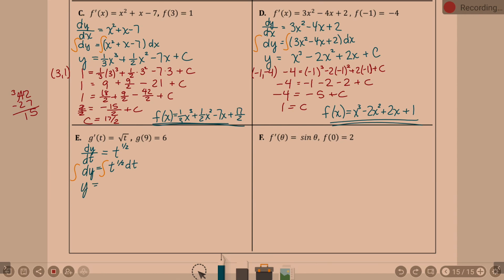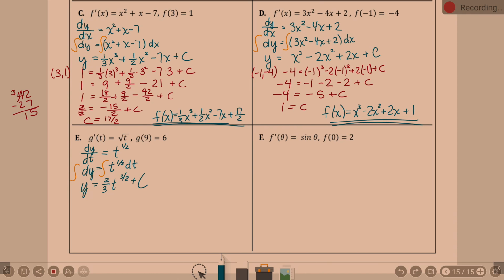Integral of t to the 1/2 is 2/3 t to the 3/2. Adding 1 to the power makes it 3/2. Now, officially it's dividing by 3/2. But dividing by 3/2 is multiplying by 2/3. And you want to save yourself the step, right? You can write it as divide by 2/3 and then fix it the next step.